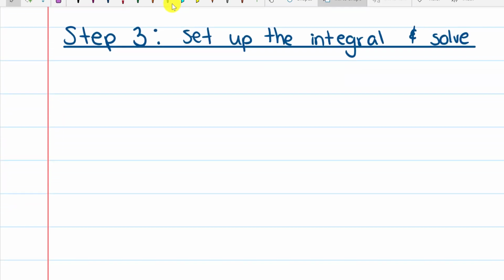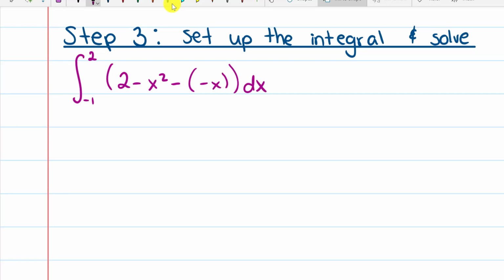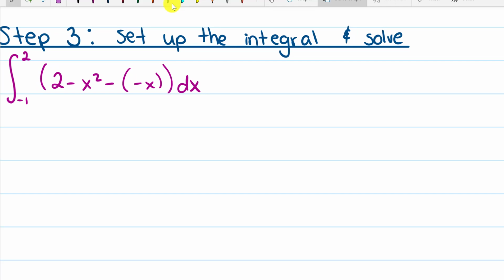So step 3 is to actually set up the integral and solve. We're going to get the integral from negative 1 to 2 of our top function, f of x, which was 2 minus x squared, minus the bottom function, negative x. And we're going to integrate along the x-axis. That's why we solve for the x-intercepts.